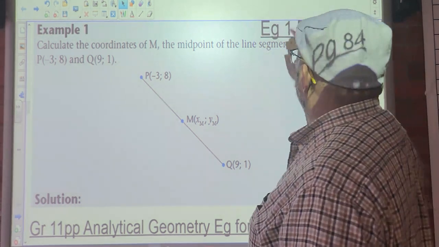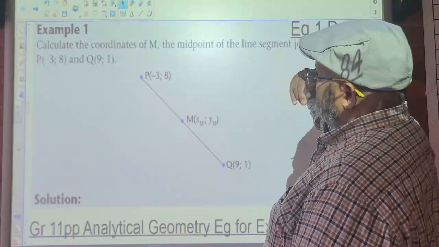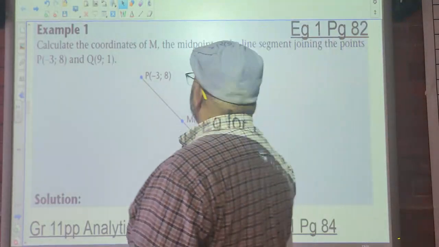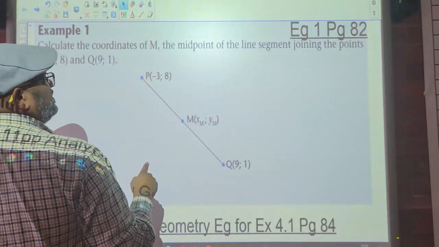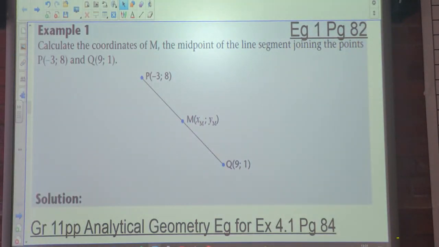Okay, so this is the first of the midpoint formula. The question says, calculate the coordinates of M, the midpoint of the line segment joining the points P, which is negative 3 and 8, and Q, which is 9 and 1.